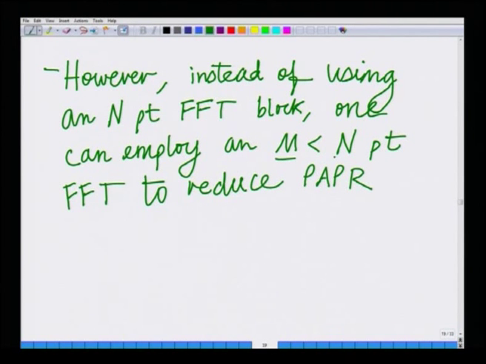So, M is less than N, that is the key: an M less than N point FFT to reduce PAPR.